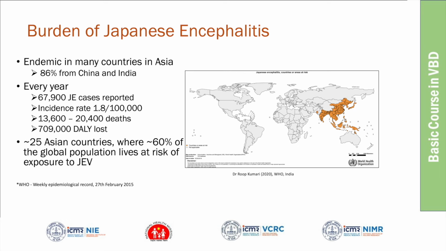As I told you before, there is huge mortality and also disability, so there is a huge economic cost because of premature death and disability that happens in children. In total, there are 25 Asian countries, where 60% of the global population lives, at risk of exposure to Japanese encephalitis.